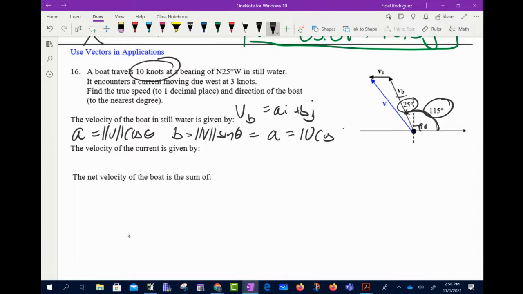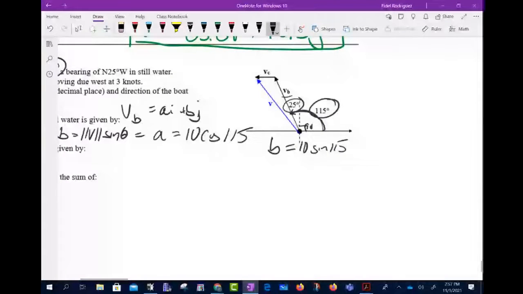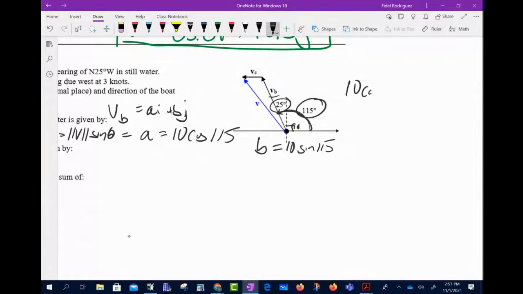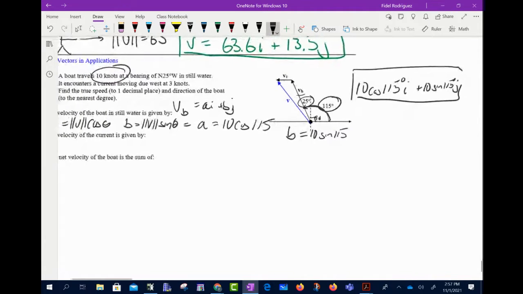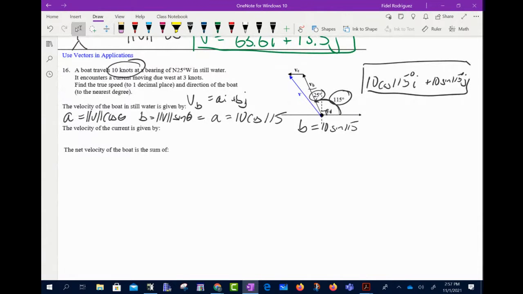So this is the cosine of 115, and the b component is 10 times the sine of 115. So I would write 10 cosine of 115 degrees i plus 10 sine of 115 degrees j. And there's the velocity of the boat in still water in ai plus bj form.